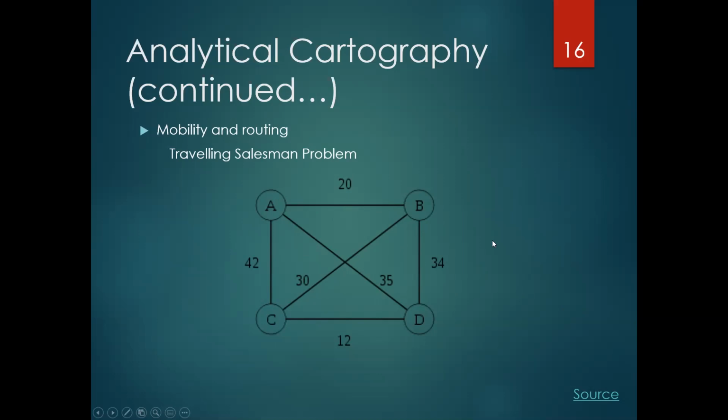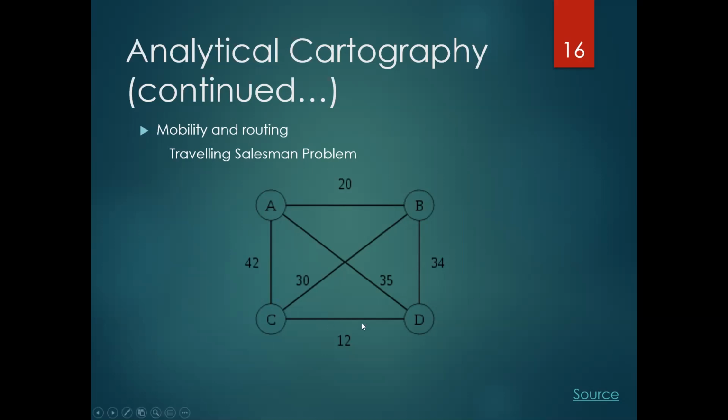So I would ask you, what's the shortest distance to travel all the cities and get back home? In this very simple case, you may use a pen and a piece of paper to calculate, right? To enumerate, I mean, to exhaust all the possibilities and choose the one with the shortest distance.